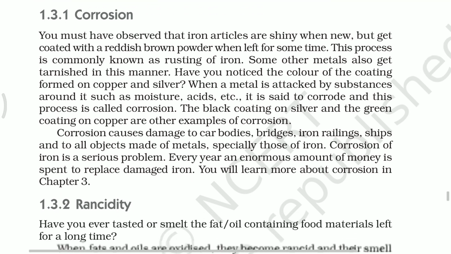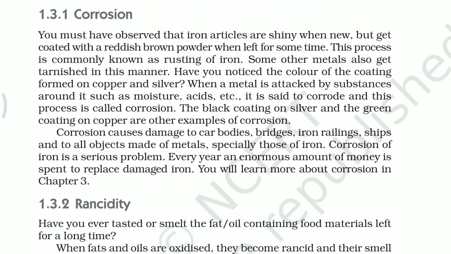Here, first one, corrosion. What is corrosion? If you take iron articles, new iron articles are silvery white in color. After a long time, reddish brown layers are formed on the surface of iron articles.